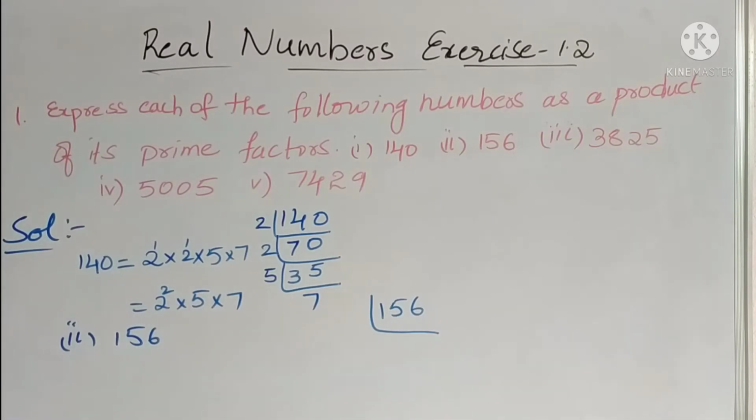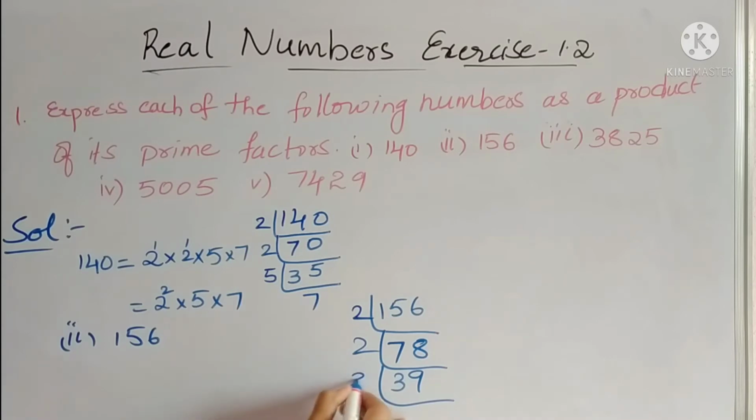So this 156 is divisible by 2. 2 sevens are 14, 1 6 16, 2 eights are 16. So here 2 threes are 6 and 1 8, 18. So 2 nines are 18. Now it is not divisible by 2 because any of those digits is not present here. So it is next prime number 3.